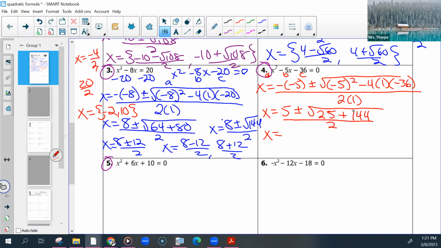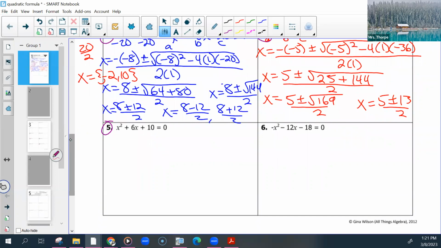Then 25 plus 144 is 169. Is that a perfect square? 13. X equals 5 plus or minus 13 over 2, so we would write that as two separate things. I'm gonna write this in this spot. So 5 minus 13 over 2 and 5 plus 13 over 2.